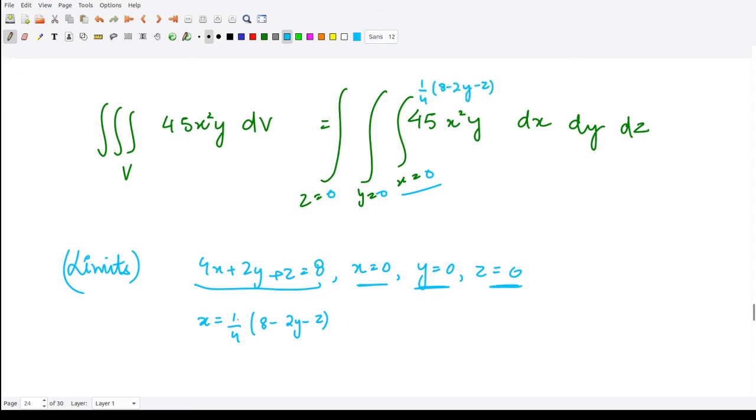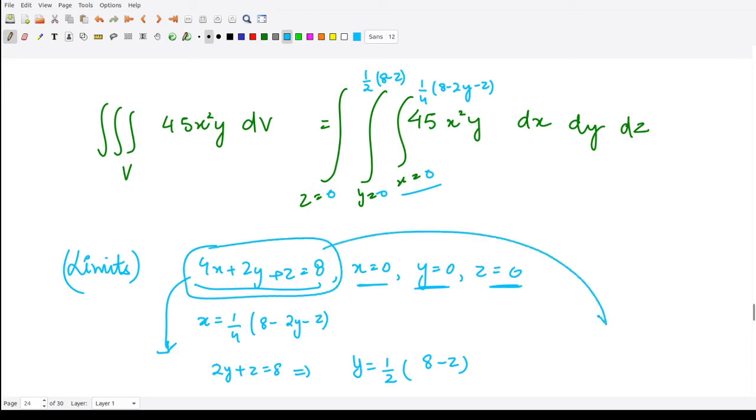Now for y, I can write the same equation, but now I want my equation to be independent of x. So I can write this to be 2y plus z is equal to 8. So from here I can obtain the value of y to be equal to 1 by 2, 8 minus z. So this is the upper limit for y. I have 1 by 2, 8 minus z. And lastly I want the value of z from this equation.